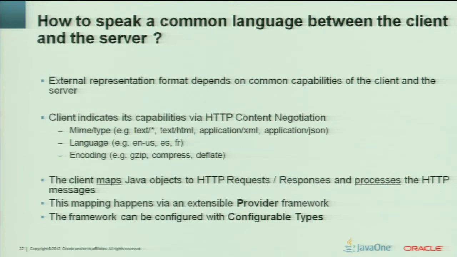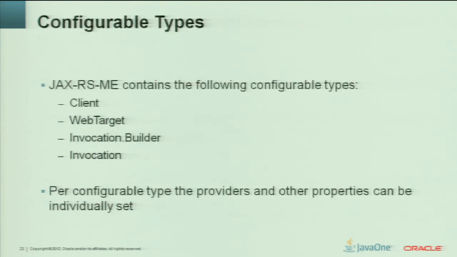The client maps the Java objects to requests and responses and processes the HTTP messages. And the mapping happens via an extensible framework of what is called here providers. And there's a couple of configurable types to modify the behavior of the framework. We have basically 4 configurable types.